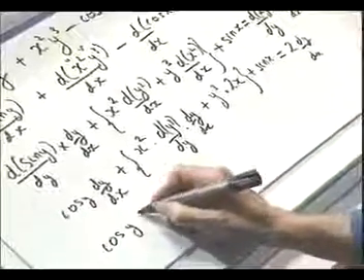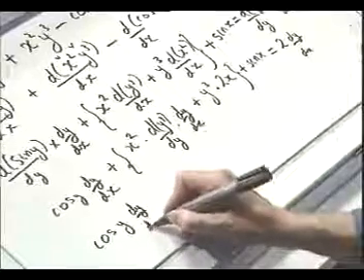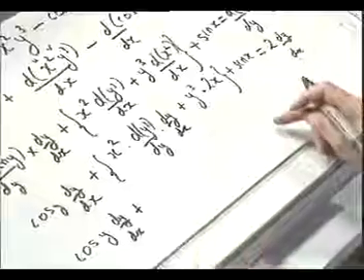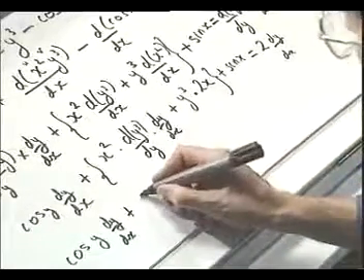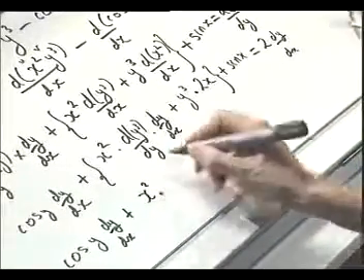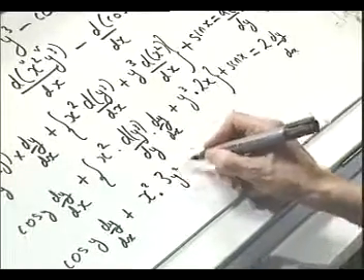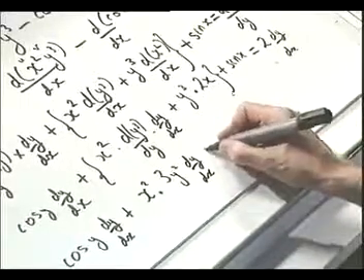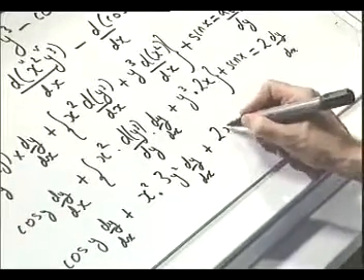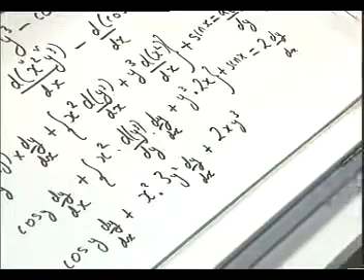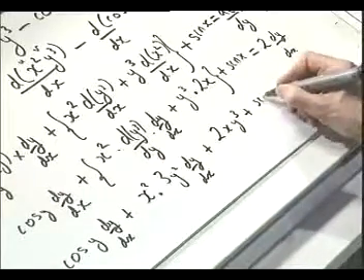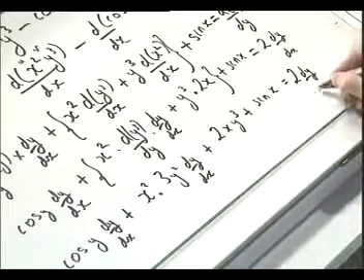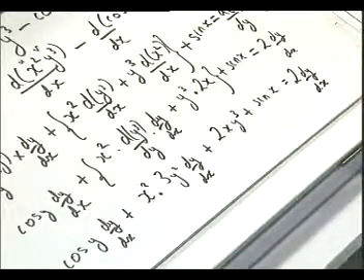Cos y dy by dx plus, I think I can fairly safely remove these brackets now, x squared times 3y squared dy by dx plus 2xy cubed plus sine x equals 2 dy by dx.